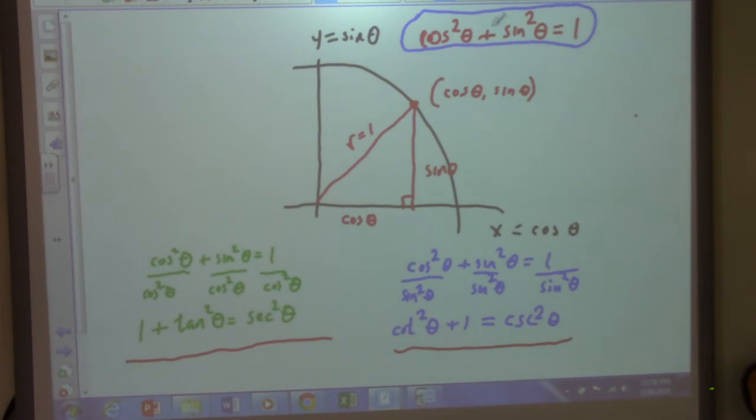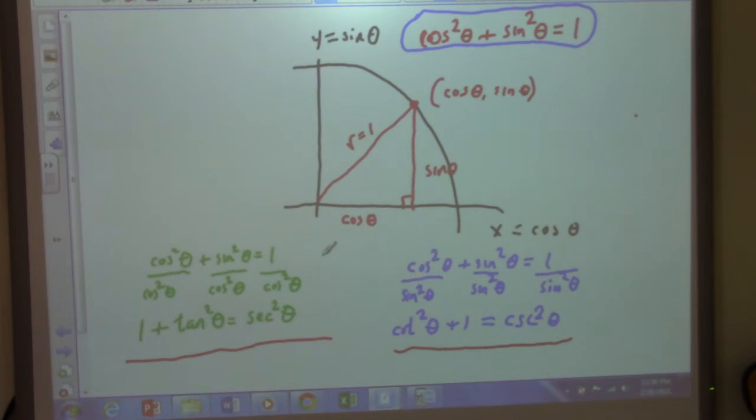And so here's where you get the main Pythagorean identity, and then you develop from that identity these other two. And these are all in your ACP formula chart for your use.